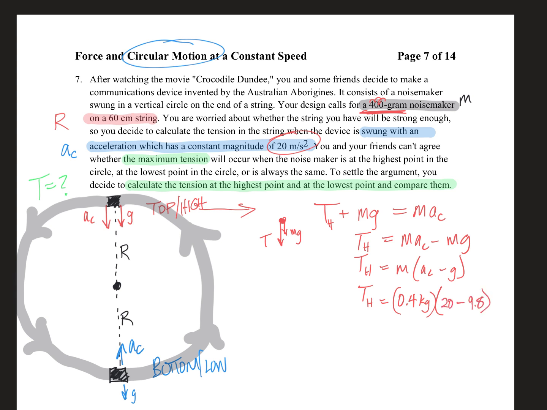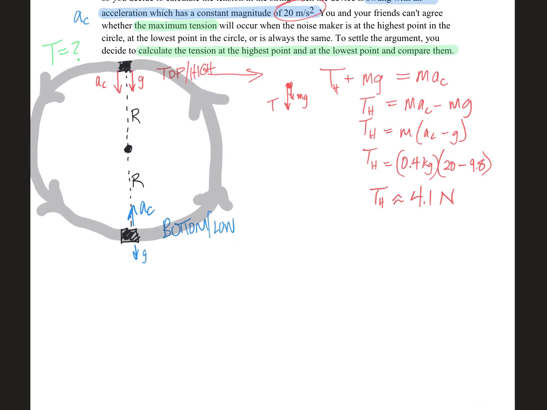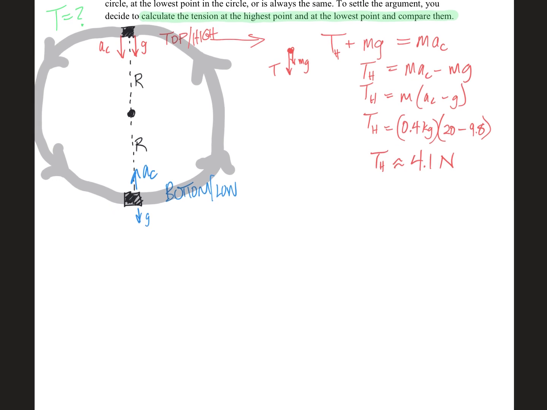Gravity's 9.8. That means the tension at the high point is going to be roughly 4.1 newtons, approximately 4.1 newtons. Okay? So that's what's going on at the top.